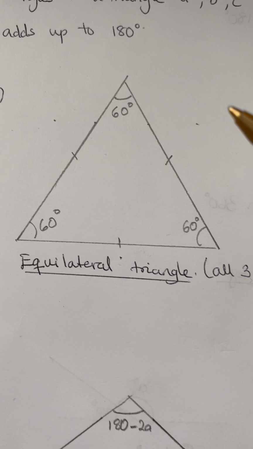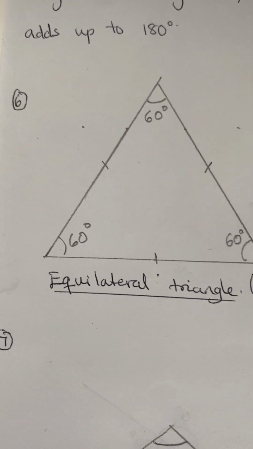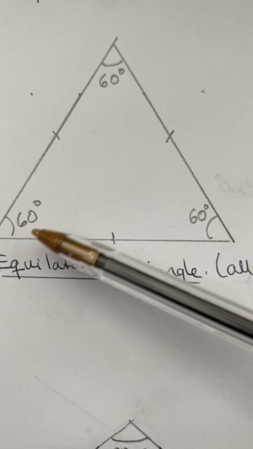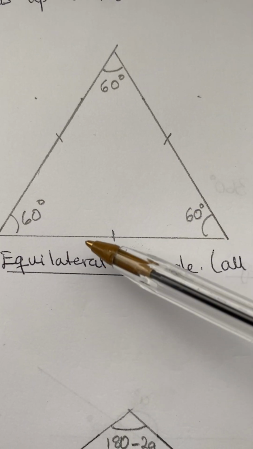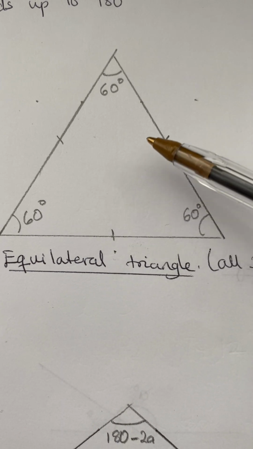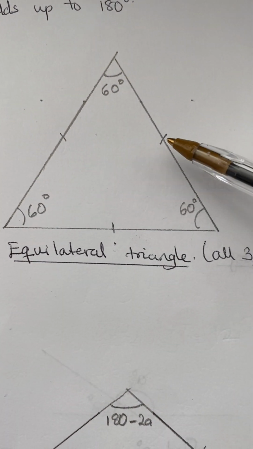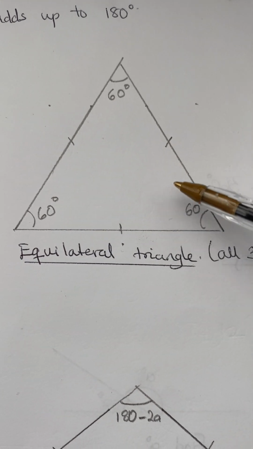Now, equilateral triangle. Their angles, all three angles are equal. So we put this arrow, because if the angles are equal, then the lengths are also equal.